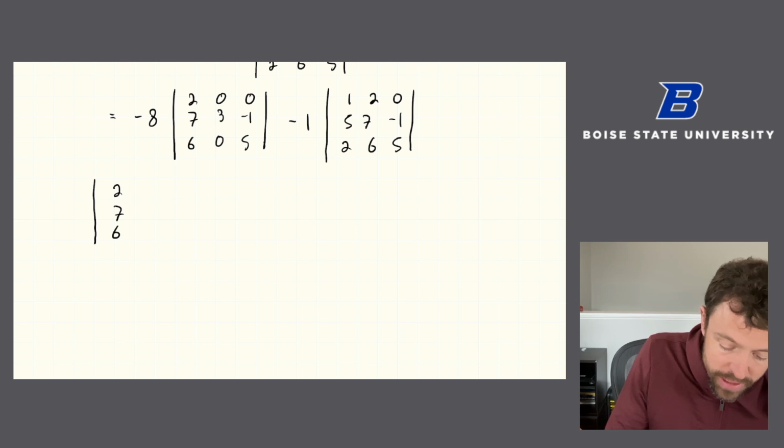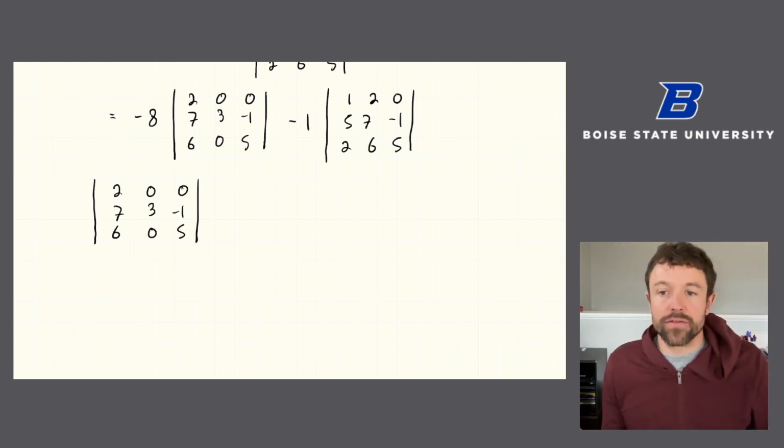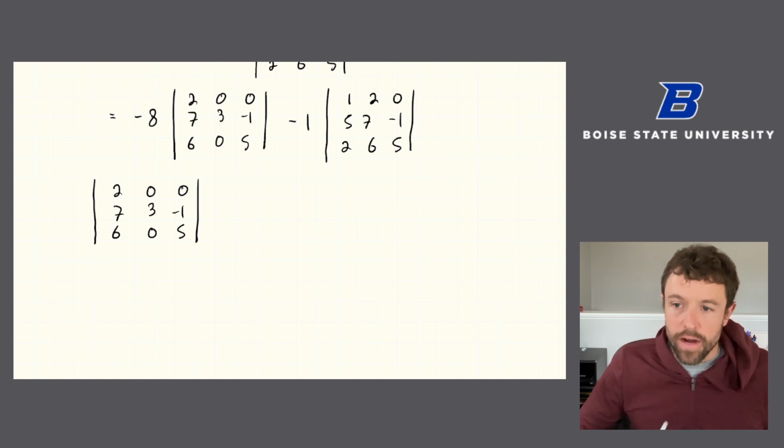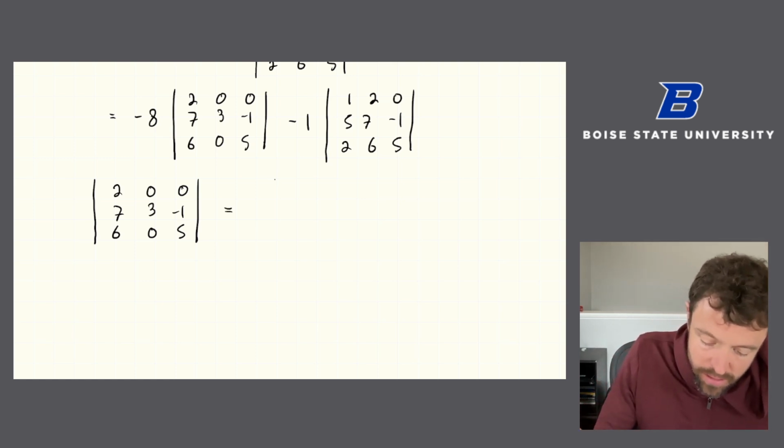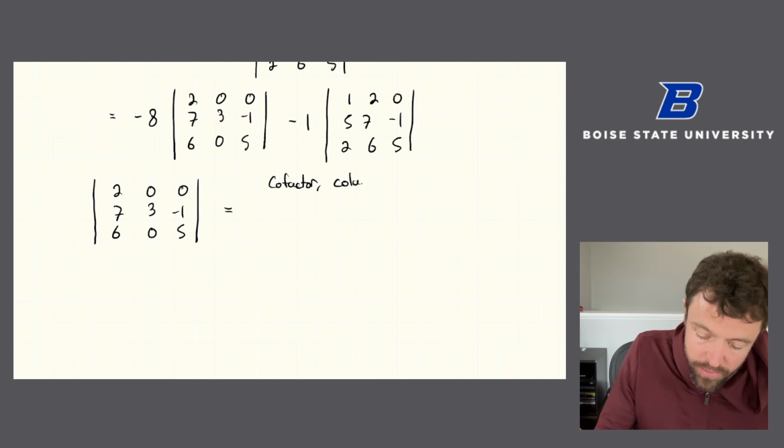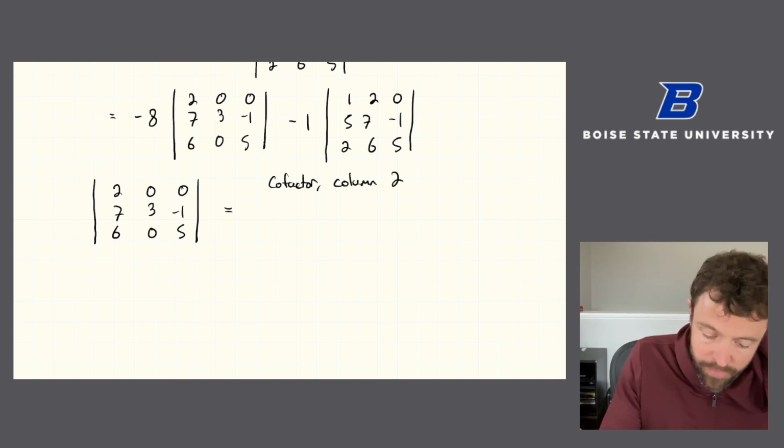I'm just looking at this matrix. I'm not thinking about the -8 or the fact that I'm eventually going to subtract something else from this. All right, so I'm going to cofactor expand along column 2 because it has a couple zeros.